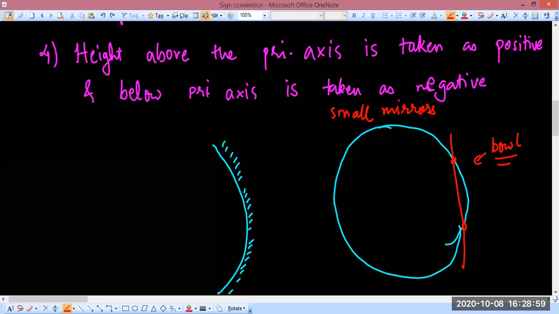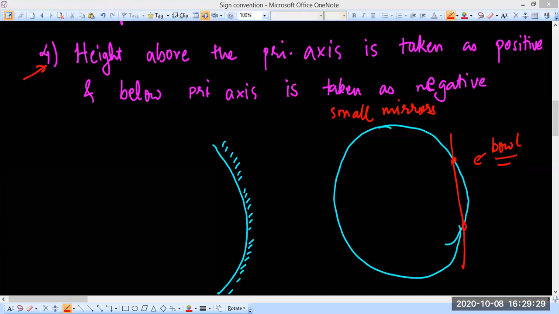So it is cut almost from the end, right. This is the fourth point. So this is how a mirror is cut, right?